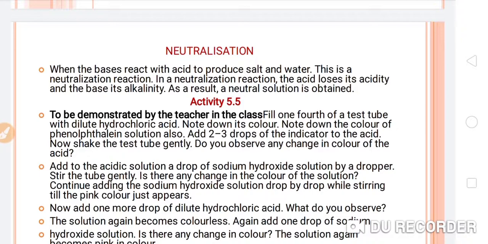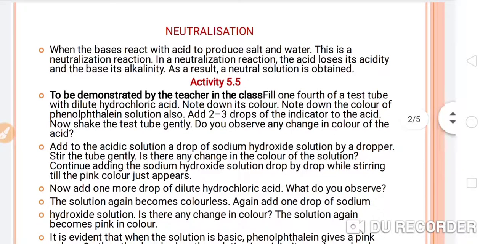Why? Because here the acid neutralizes the effect of the base and the base neutralizes the effect of the acid. That is the reason this reaction is known as a neutralization reaction.